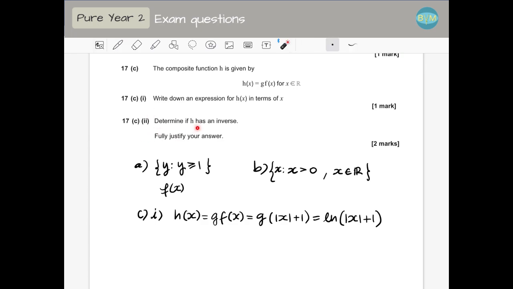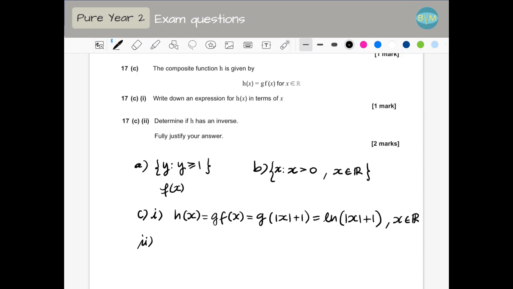Then determine if h has an inverse, and it will be for any value of x, so for any real numbers if you want to add that. And remember, to have an inverse, this function needs to be one to one, and it's not, because when I have a positive value and the same but negative value, they give the same answer.